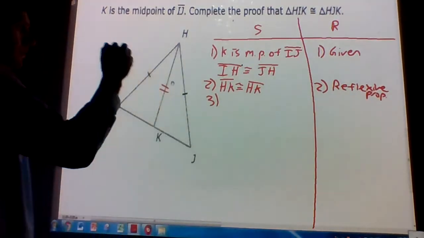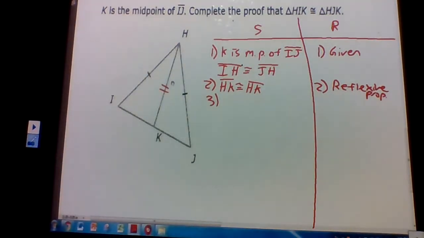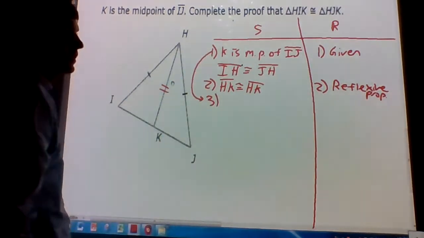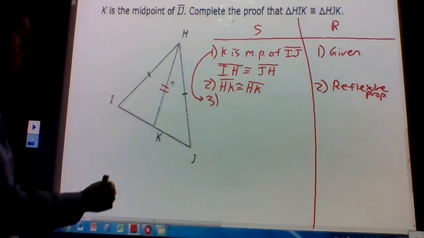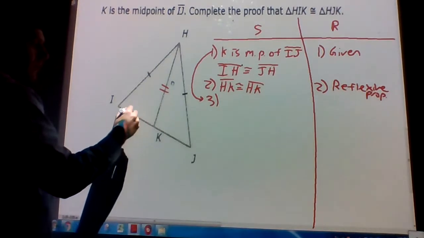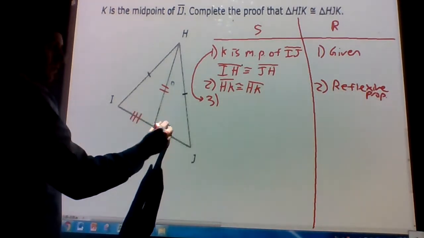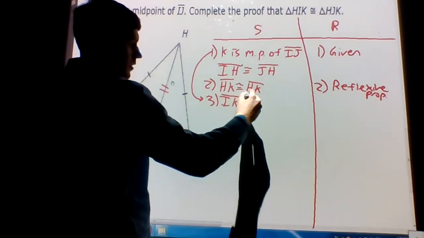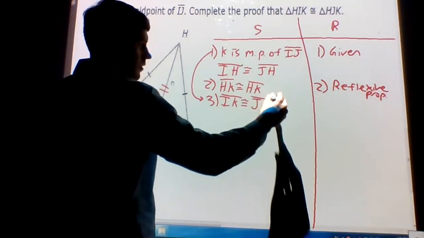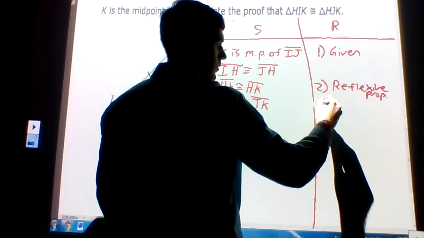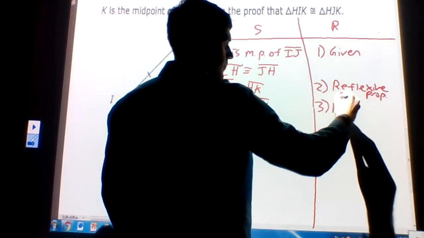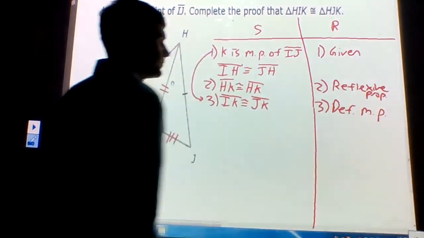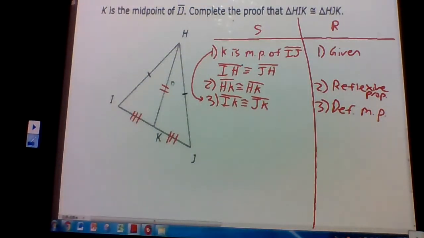Okay, fill it in. Keep going down our list. We have a midpoint. Yes, we do. We know a midpoint splits things into two equal pieces. So if K is the midpoint of IJ, we know IK is congruent to KJ. That's your definition of a midpoint. We now have three pair of sides that are congruent.